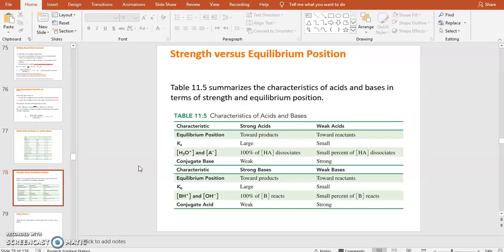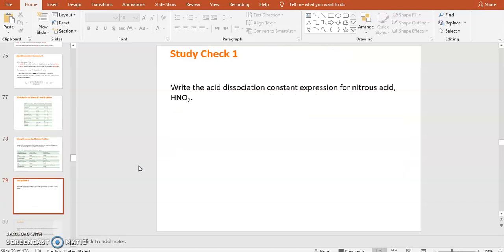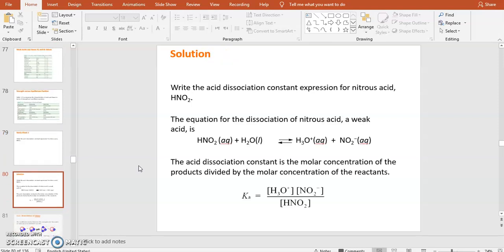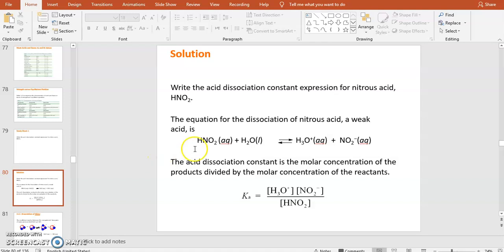And here, write the acid dissociation constant expression of nitrous acid. So try to do this: pause the video, try to do this, and come back to check it. So here you can see HNO2 dissociation in water, and then we get the arrows.